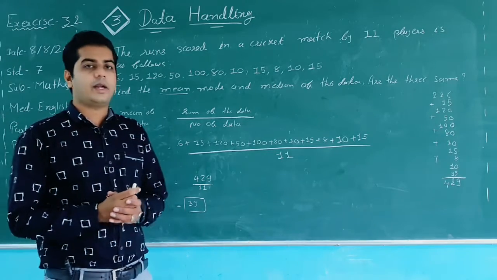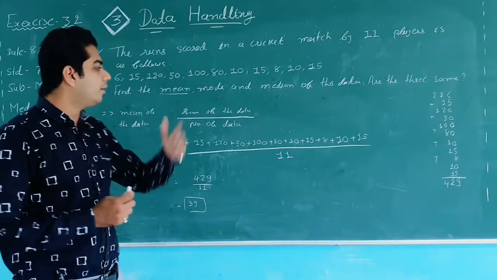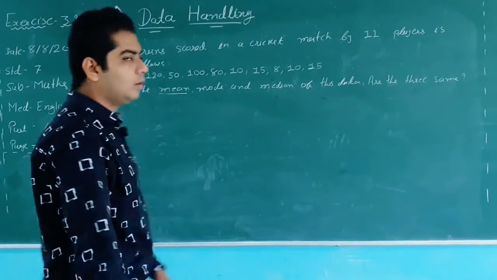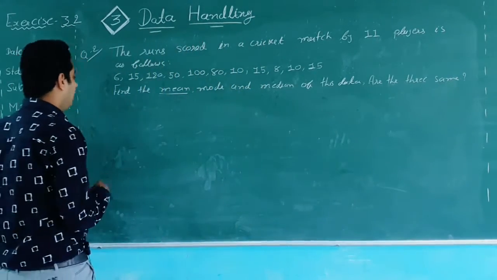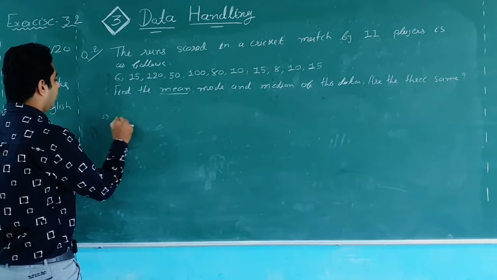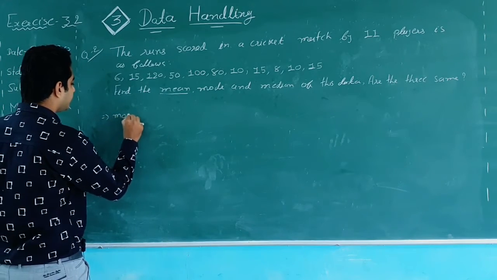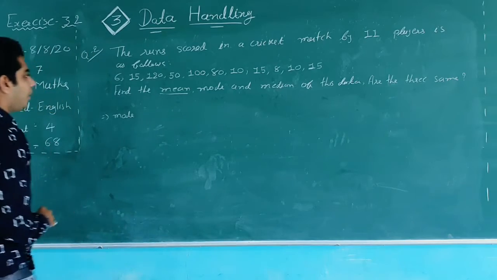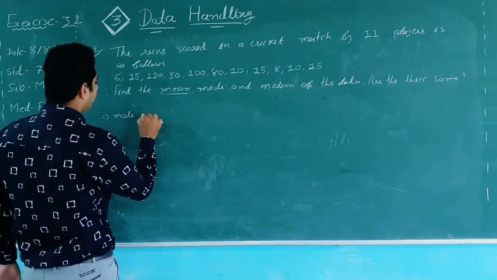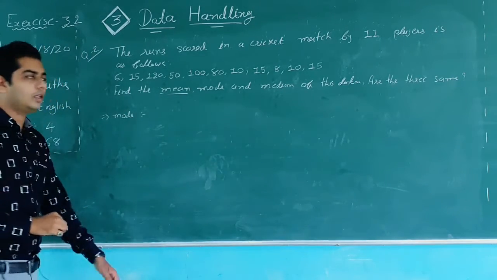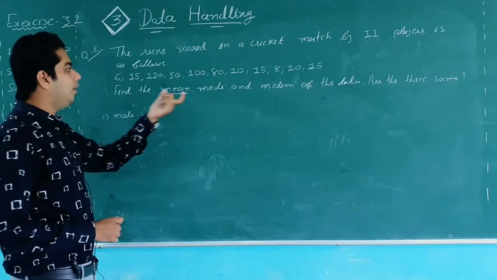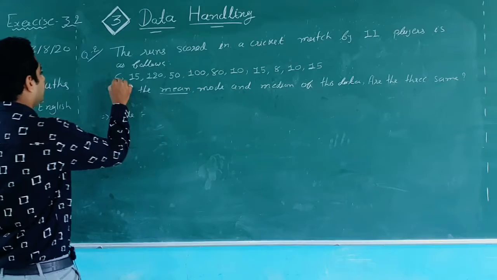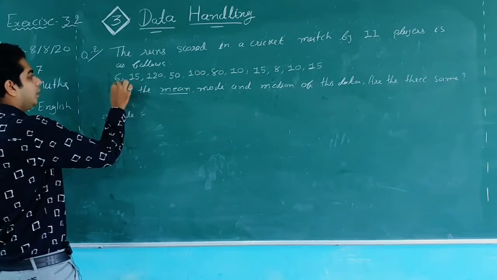Now let's find the mode and the median. First of all, mode. What is mode? Mode is the frequency of the number, or frequency of the data. So here the most repeated number is what? See, 6: how many times is it repeating?